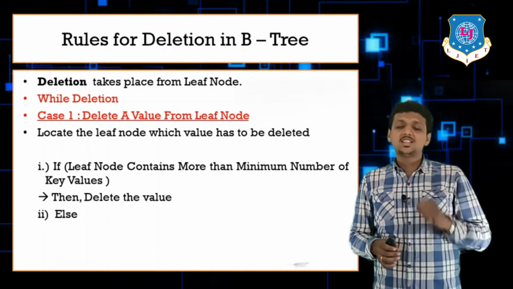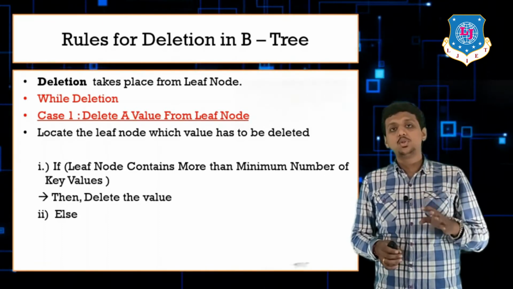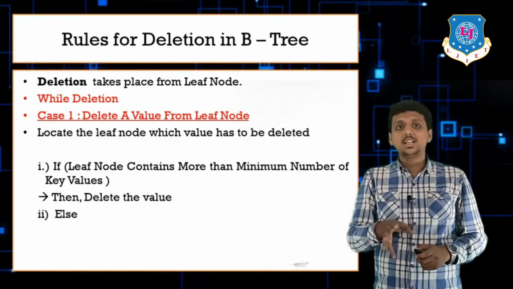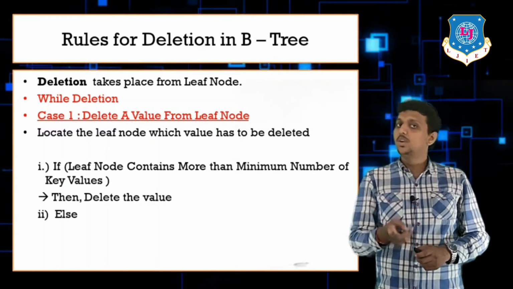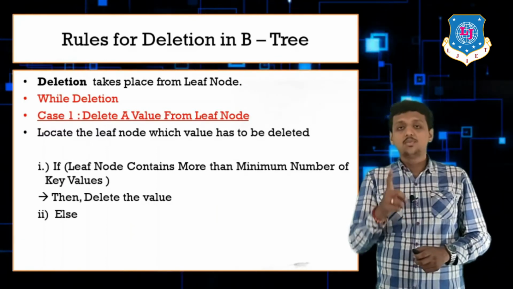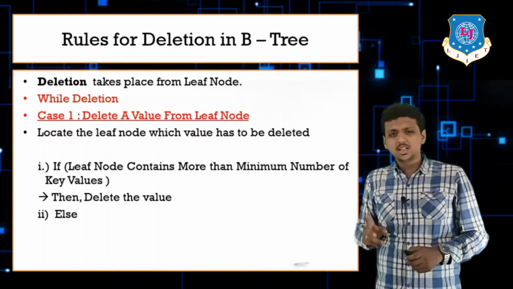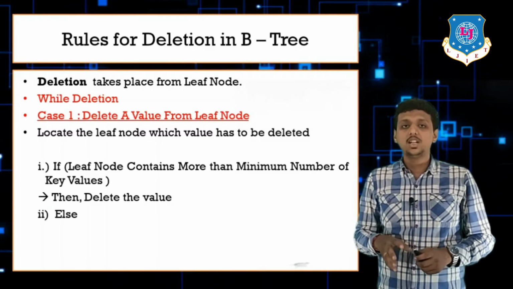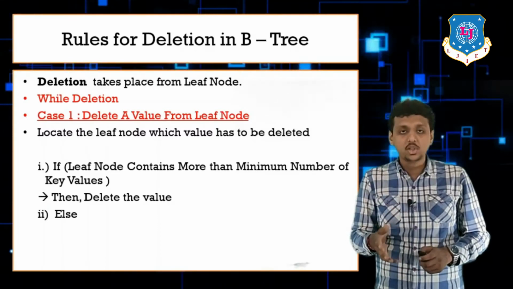Taking an example, a leaf node of order 5 must contain at least 2 values, 3 subtrees, that means 2 values. So what does it mean? That leaf node must contain 2 values. But suppose the leaf node does not contain 2 values for the deletion operation, then what to do?